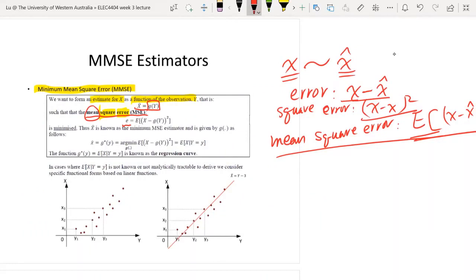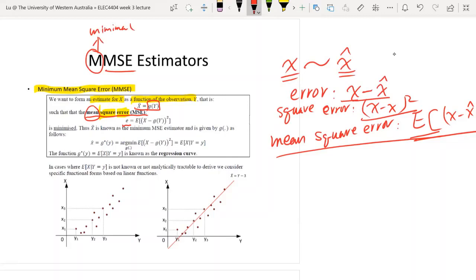This new estimator we are introducing in this section is called minimum mean square error. So in other words, if we can run this estimator very well, the mean square error of our estimation will be minimized. So this M is for minimum, then mean square error.